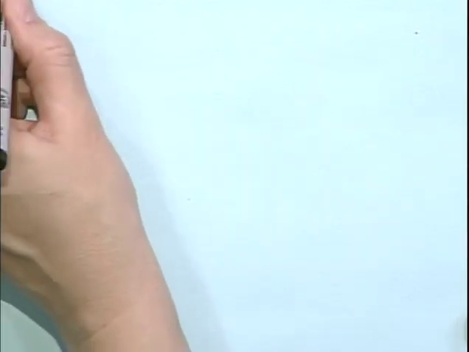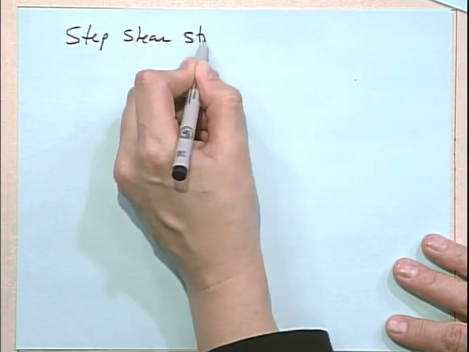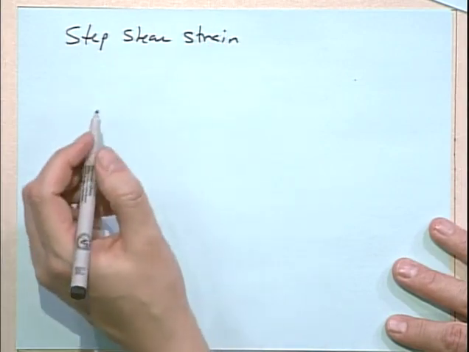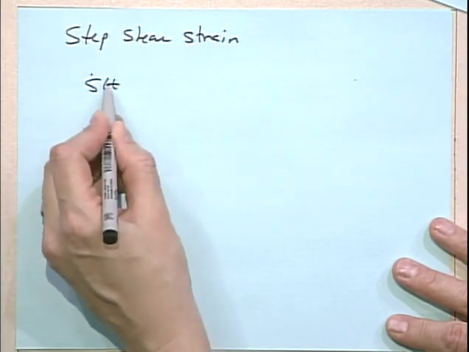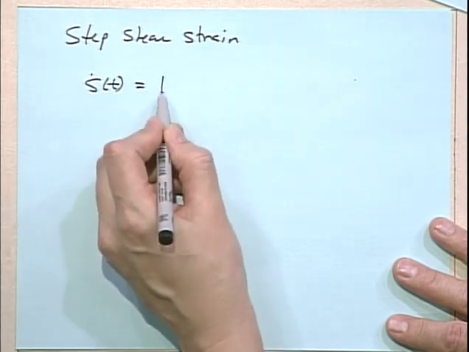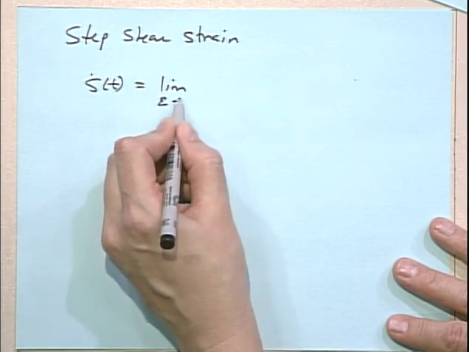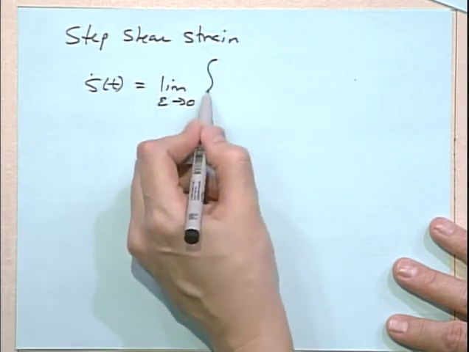So we're going to do a step shear. And with all these material functions, whatever I say sigma dot is, that's what it is. And in this case, I say, by definition, it's the limit as epsilon goes to 0 of this function.